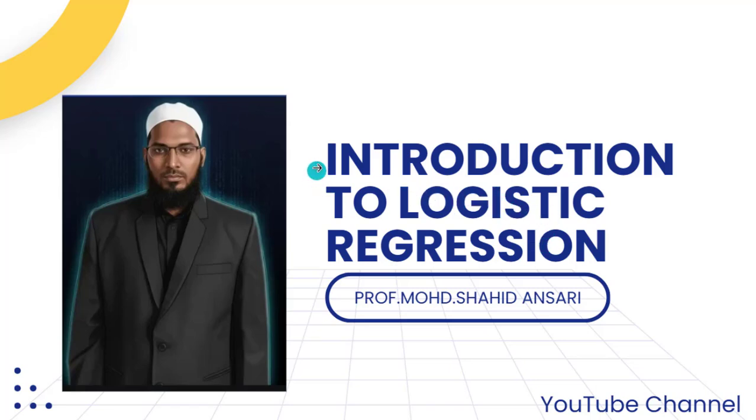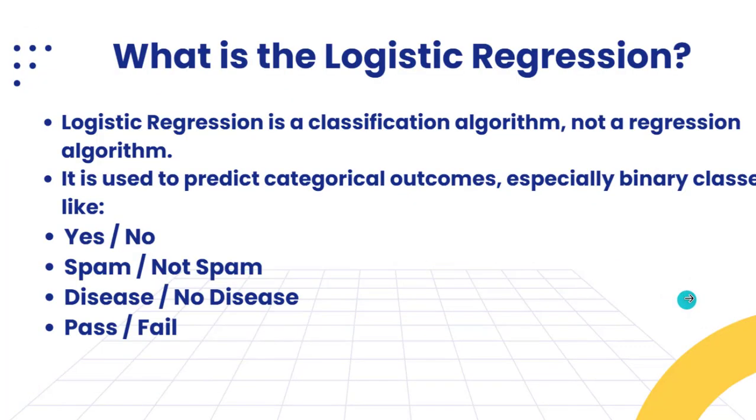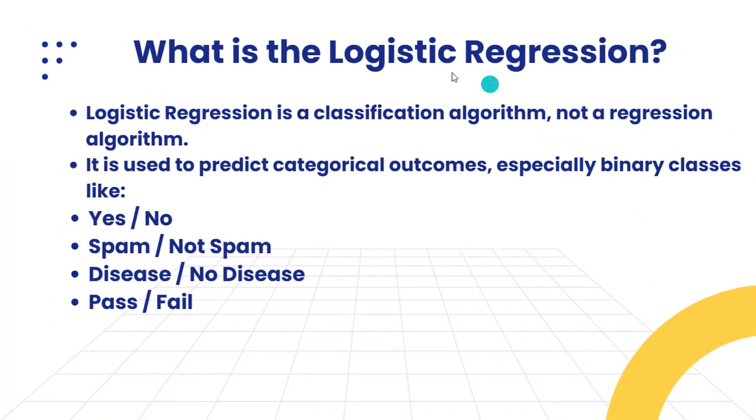So we first see the introduction to logistic regression. Do remember, students, it is one of the classification algorithms. Most students are confused regarding logistic regression because the name is regression, so we think it is a regression algorithm.